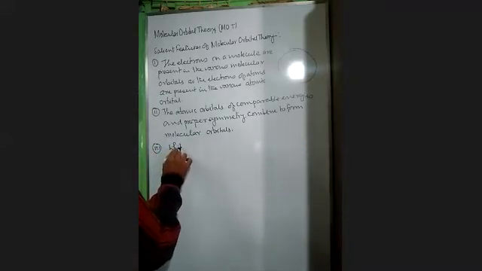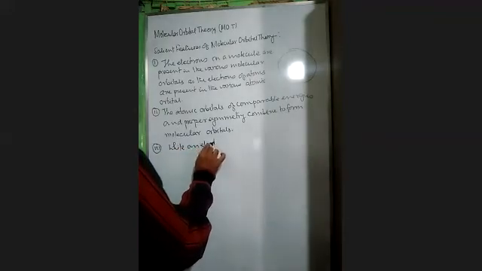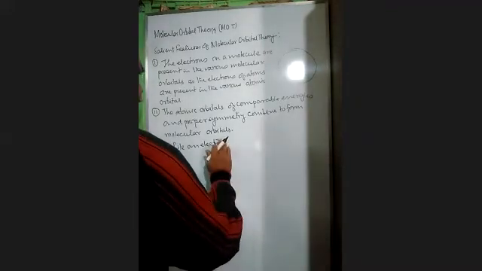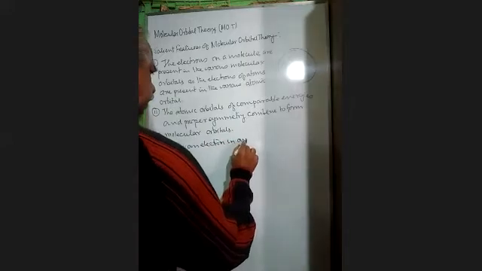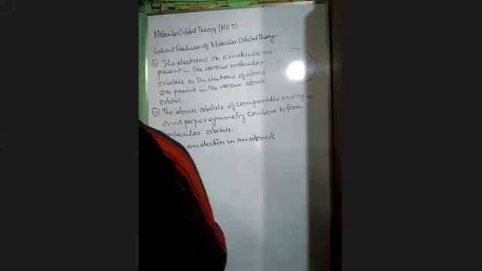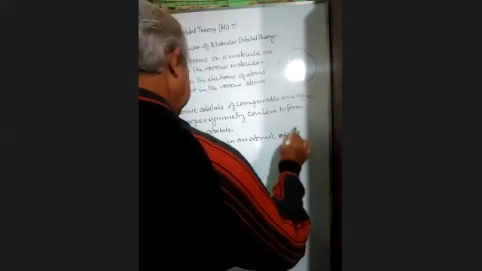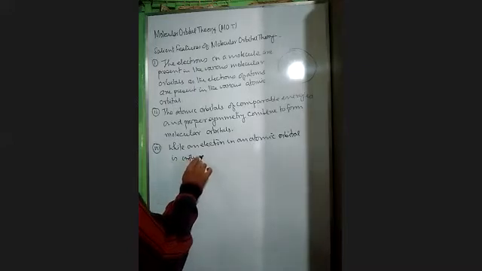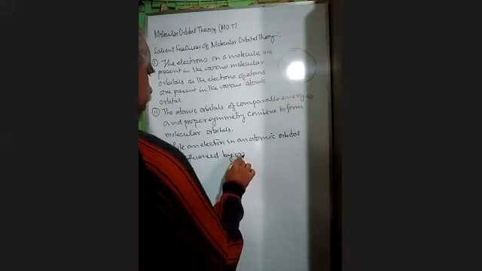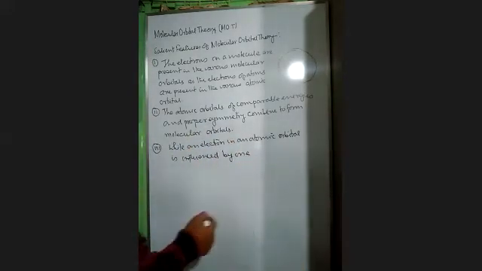Third. While an electron in an atomic orbital is influenced by one nucleus, because in an atom you have only one nucleus, and all the electrons are influenced by that nucleus only.